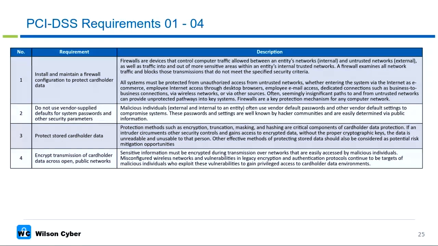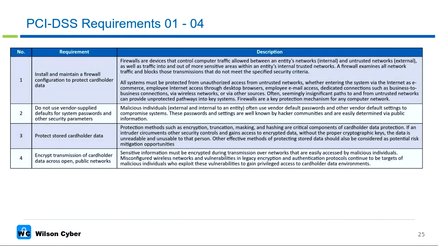Number 1, install and maintain a firewall configuration to protect cardholder data. Firewalls are devices that control computer traffic allowed between an entity's networks, internal and untrusted networks external, as well as traffic into and out of more sensitive areas within an entity's internal trusted network. A firewall examines all network traffic and blocks those transmissions that do not meet the specified security criteria.